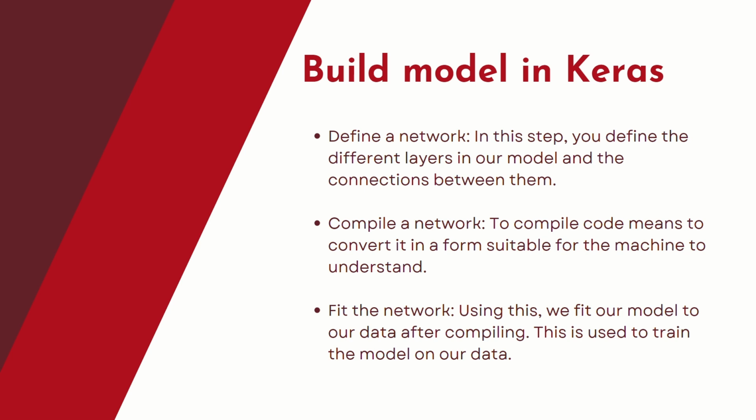To compile basically means to convert it to machine level language, or a language where the machine can understand it. Then fit the network. Once you have compiled the network, you fit our model to our data. This is used to train the model on our data.